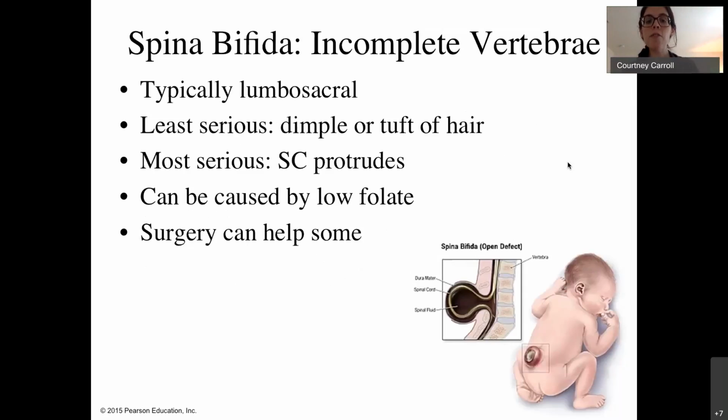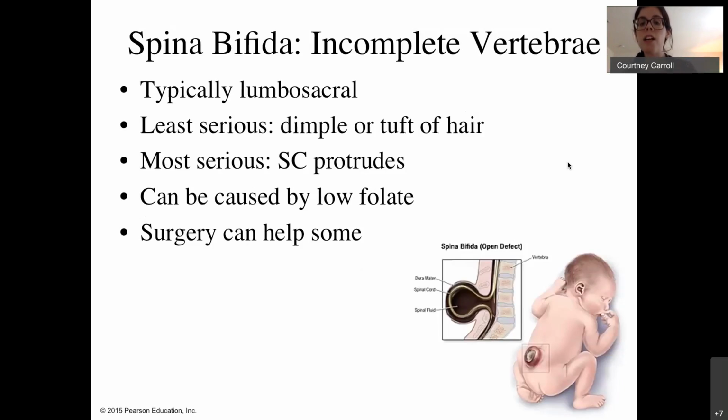Well, if the mother does not have enough folate in her diet or isn't taking a prenatal vitamin that contains folate, when that tube is closing, there might be an incomplete closure. And if this occurs on the very base end, usually at the lumbar sacral end, so the very last part of the tube to close, you might have an incomplete closure.